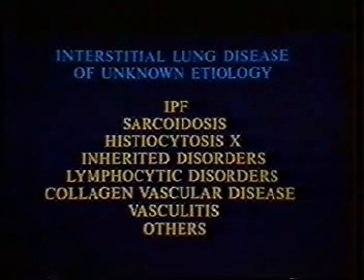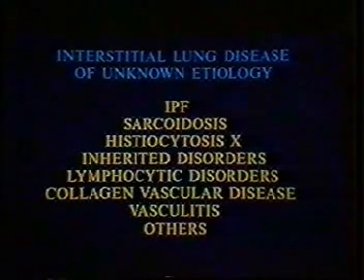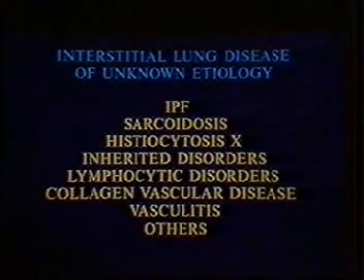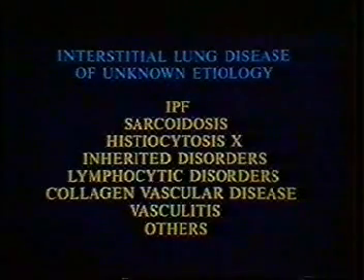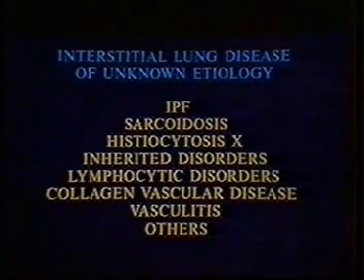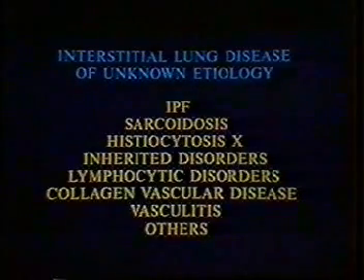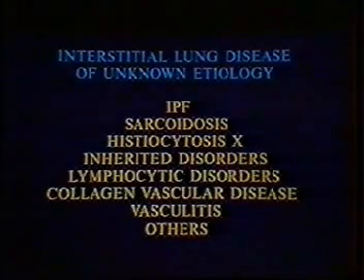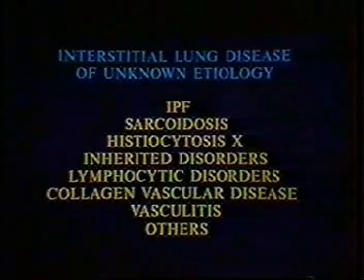It has a number of synonyms, including cryptogenic fibrosing alveolitis and Hamman-Rich syndrome. Many people use the terms UIP and DIP interchangeably with idiopathic pulmonary fibrosis, but it's important to remember that DIP, UIP, and BIP are pathologic terms and are not synonymous with idiopathic pulmonary fibrosis.